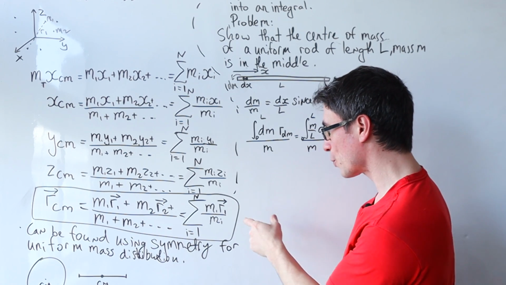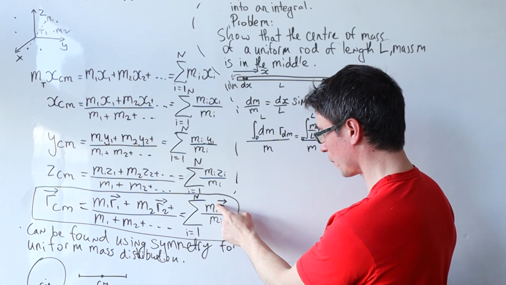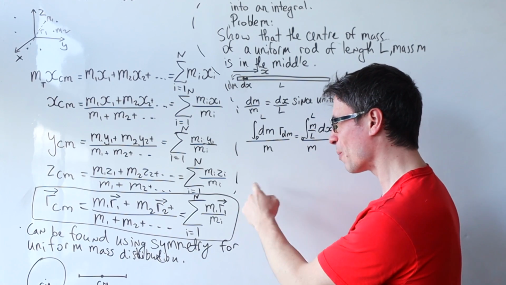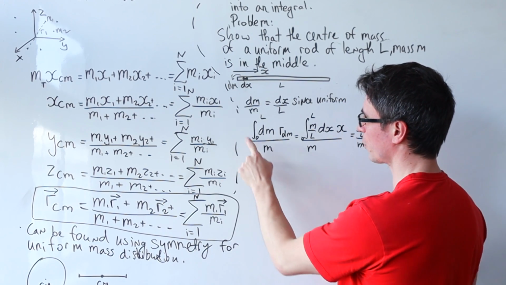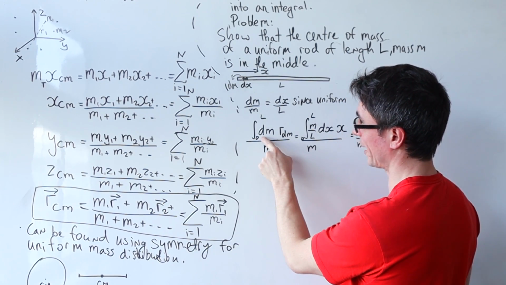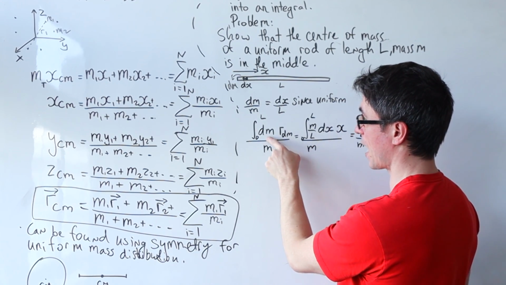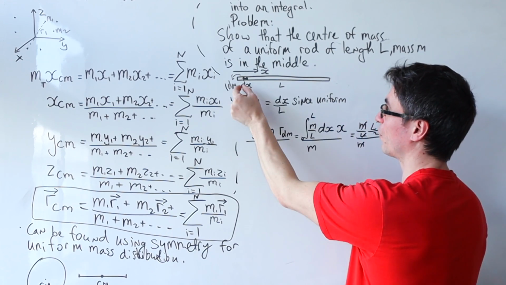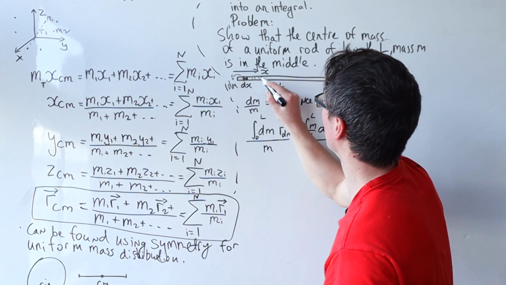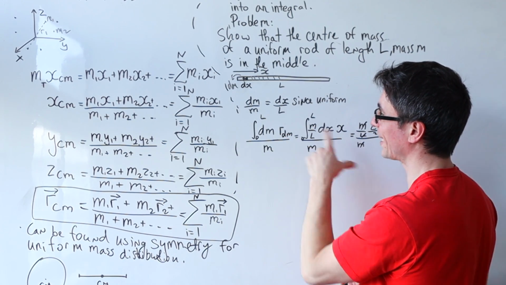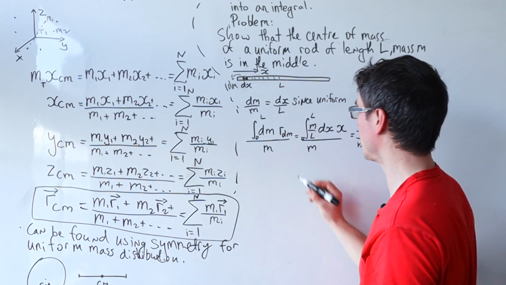So the center of mass was equal to the sum of each of those masses multiplied by its displacement vector. Well, this sum will turn into an integral, so we're going to have the integral from length 0 to L of the mass dm. We're summing all of those individual pieces along the length of the rod multiplied by the displacement vector of each dm.